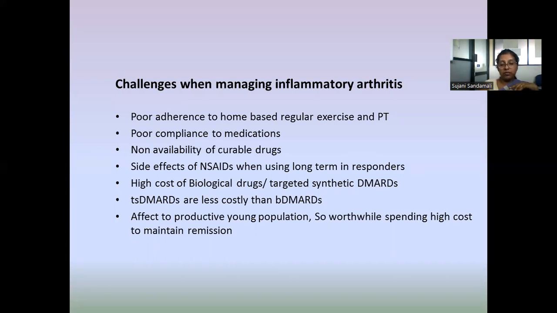And the other very important thing is this illness mostly affects the young population, which mostly contributes to the economic state of the country. So you have to think twice, and it's worthwhile spending high cost to maintain this patient in remission.